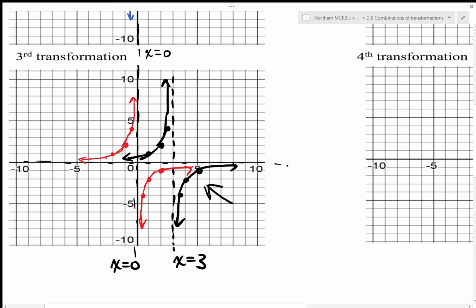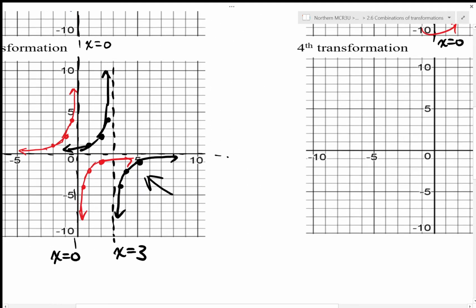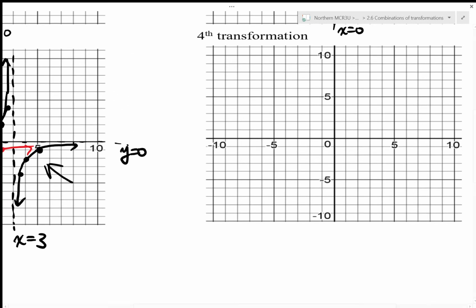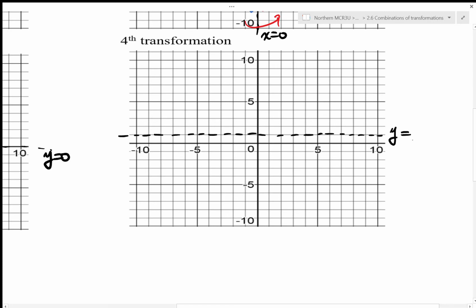So the problem is, how do we make it not cross it? We move the horizontal asymptote together. Your horizontal asymptote is at y equals 0. Now your horizontal asymptote is at y equals 1, since it actually moves up by 1. So this is now your new horizontal asymptote, and this is now your vertical asymptote at x equals 3.